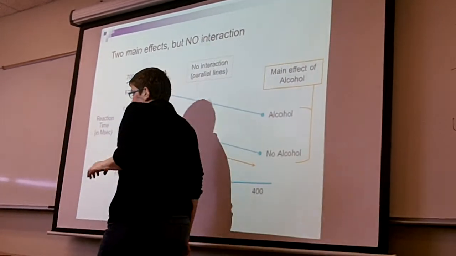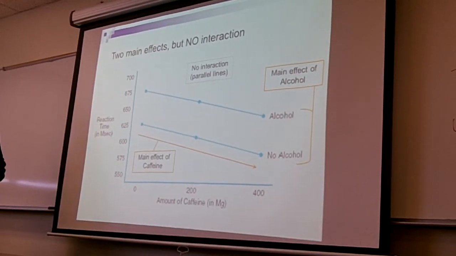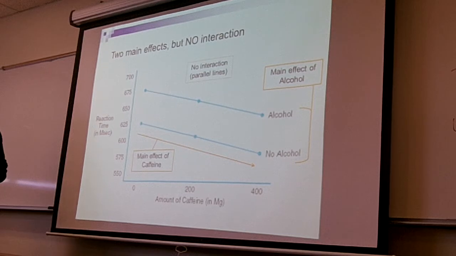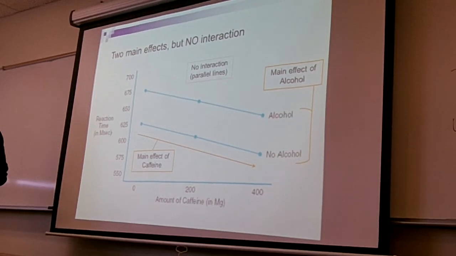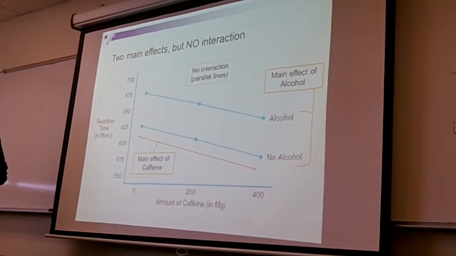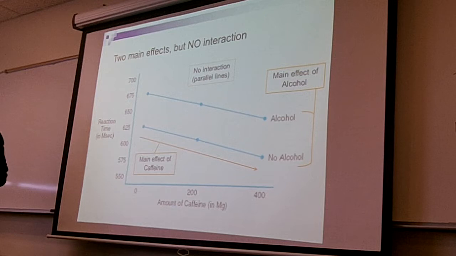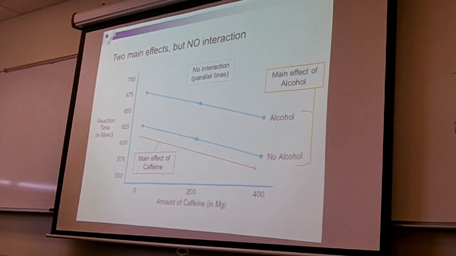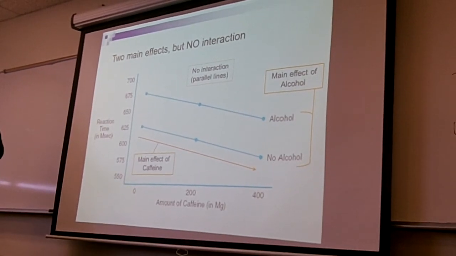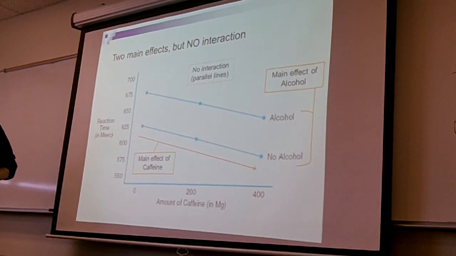Here you can see the lines are parallel. That means we have no chance whatsoever for an interaction. Those lines are never going to run into each other anywhere in space, because they're parallel. So no intersection means no interaction, or no potential for one. To the extent that an intersection could occur somewhere close by, or that it actually does occur on the graph, you have potential for an actual interaction.